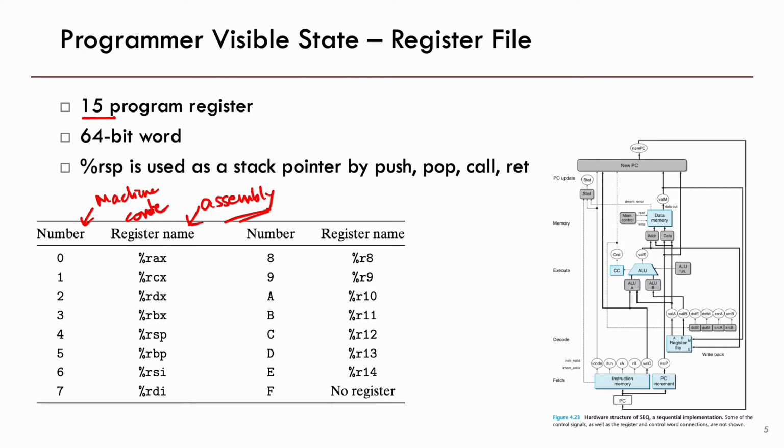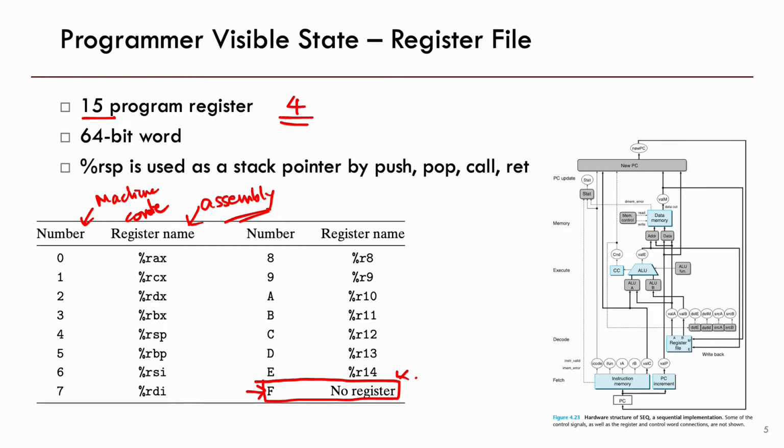Okay. But why do we have only 15? Why not 16? Because we need 4 bits to encode these 15 registers. Then why not have 16 registers? It is because we want to have one piece of information indicating that the current instruction does not need to read or write any register here.